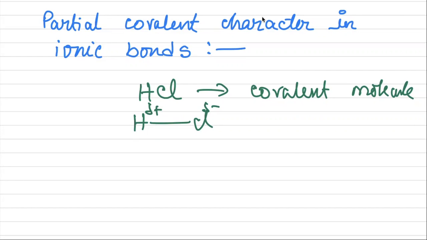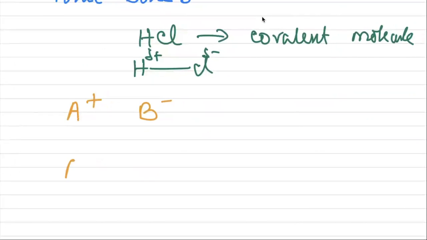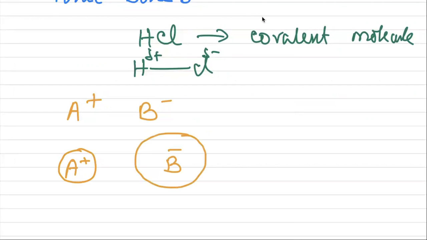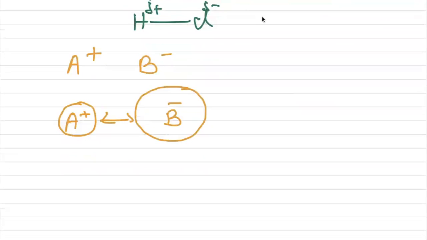So if I consider an A positive and a B negative ion, suppose this is the A positive charge, its electron density is less, and in the case of the B negative ion, electron density is quite big. So when these two ions come closer, what happens?